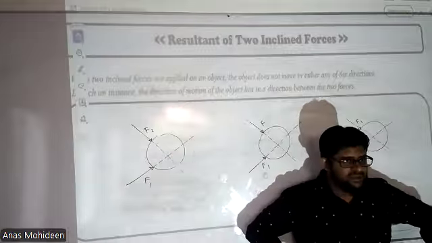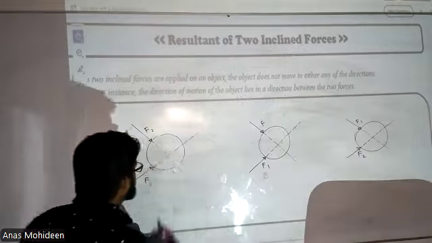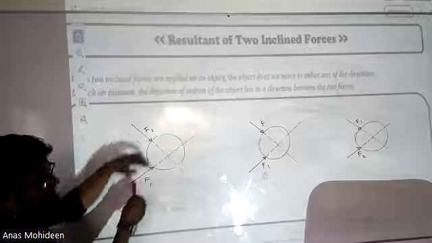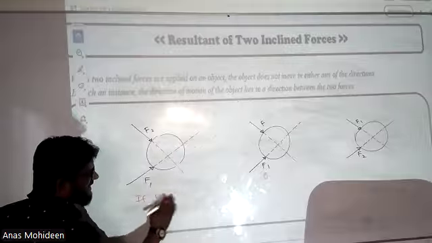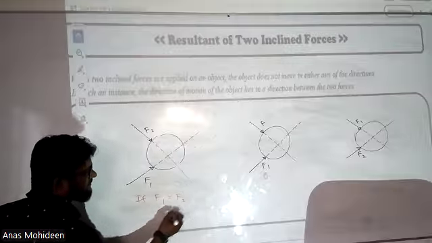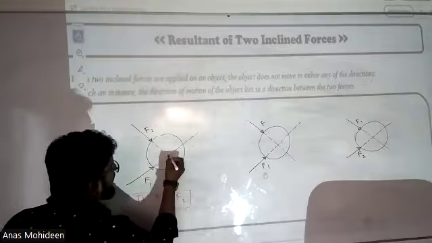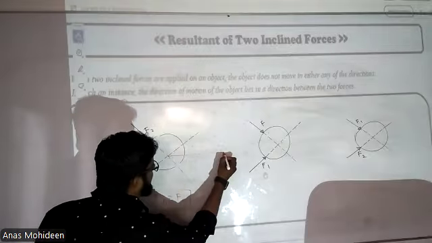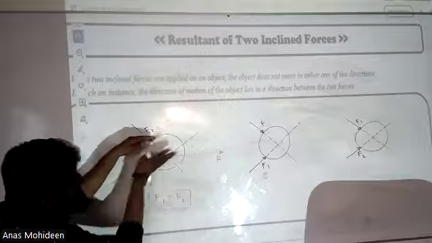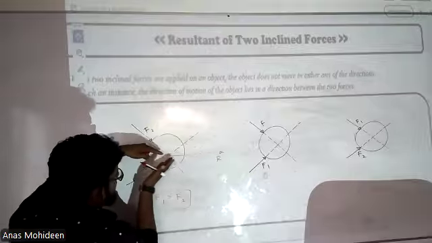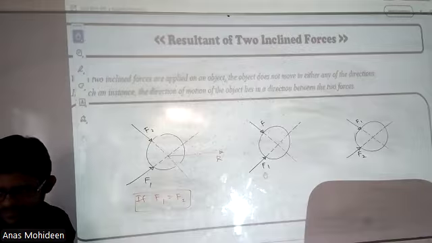Let's say F1 is equal to F2. The resultant will be acting almost dividing the lines equally, and straight away the object will be moving. Got it?